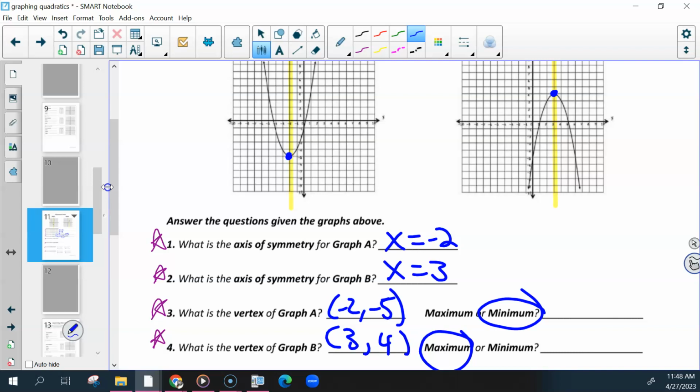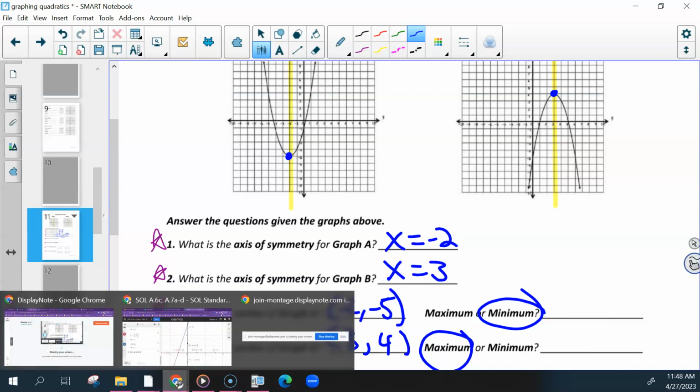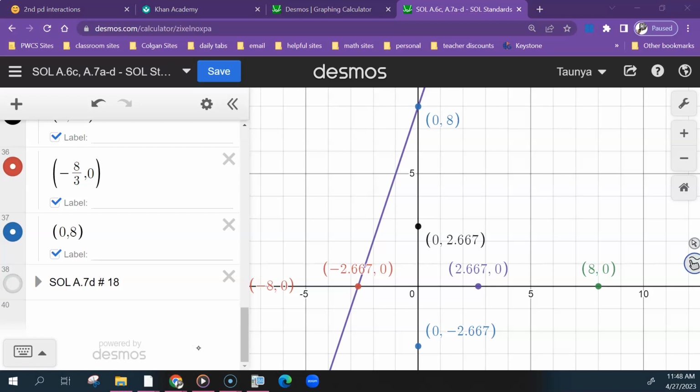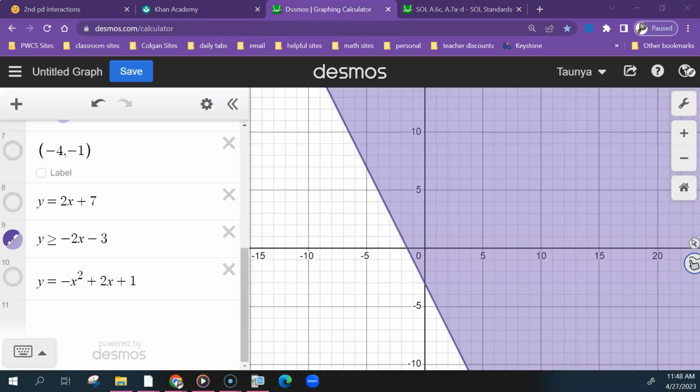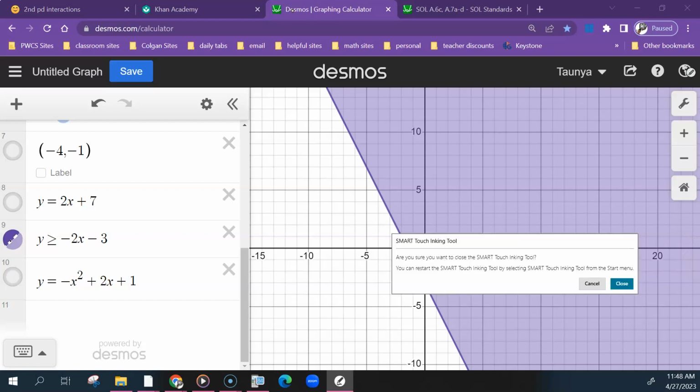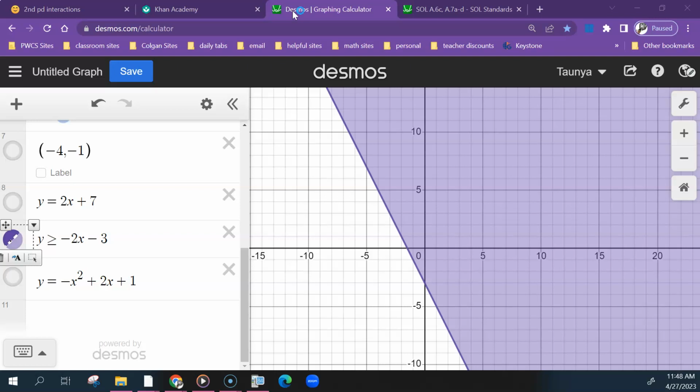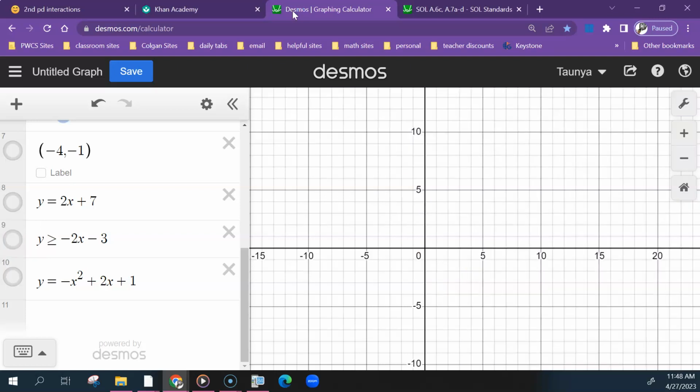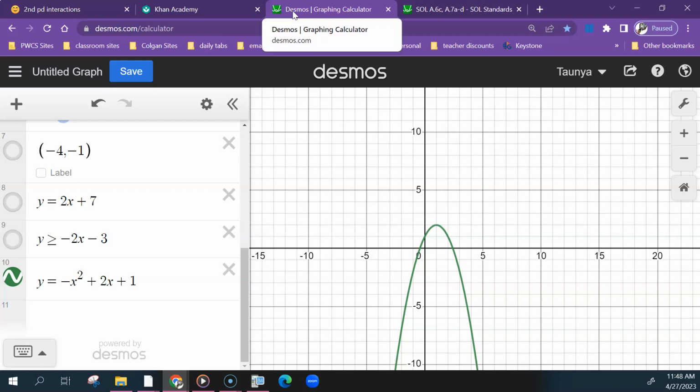Okay. Last thing, I'm going to show you how you could find this information in Desmos, and then you'll have time to practice. So let's say I just put in a random quadratic.